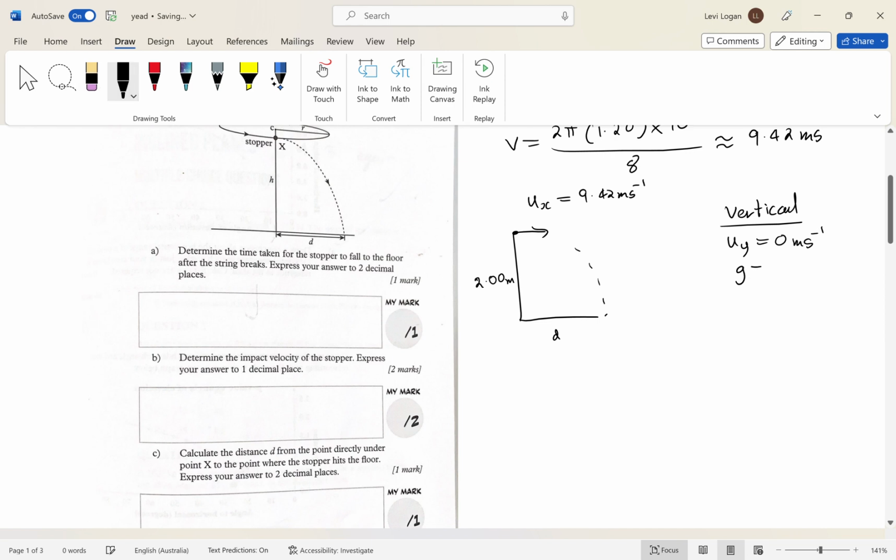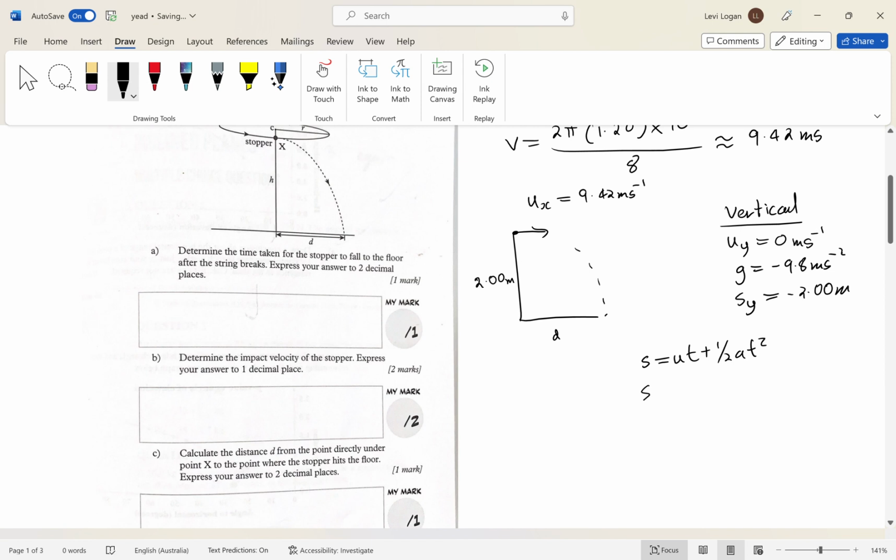Acceleration, g, is gravity, negative 9.8 meters per second squared, and the height, s of y, is 2 meters, and we have to have a negative sign because it's moving downward, so it's negative 2 meters. So using this equation here, s equals ut plus a half at squared.